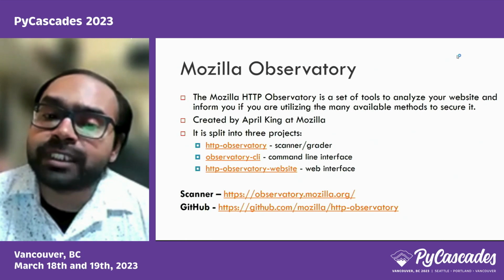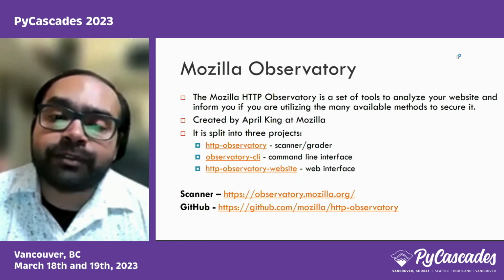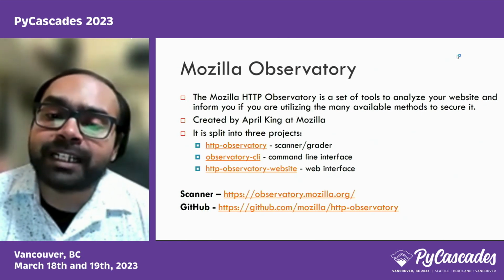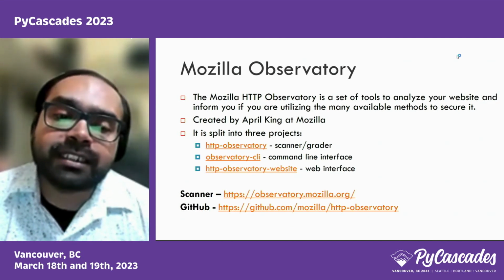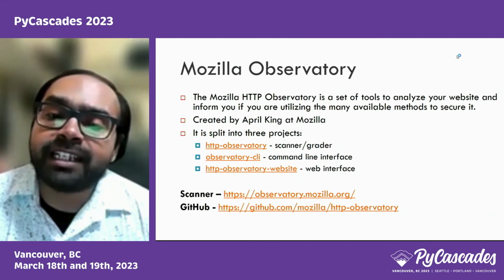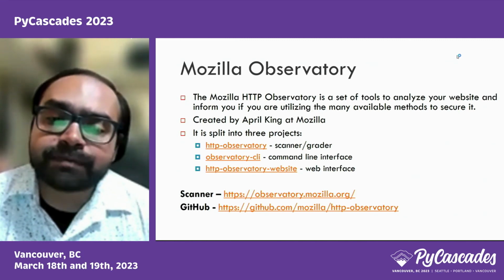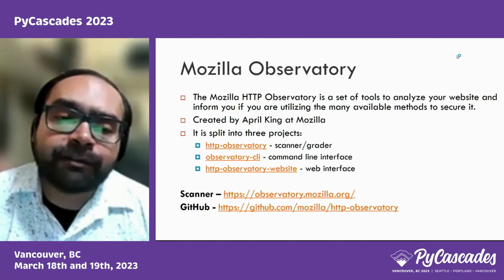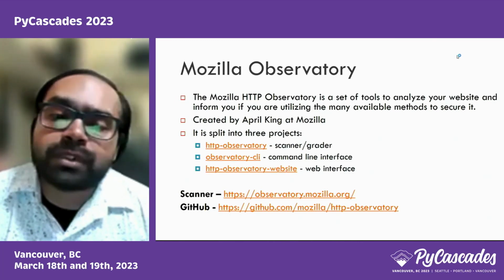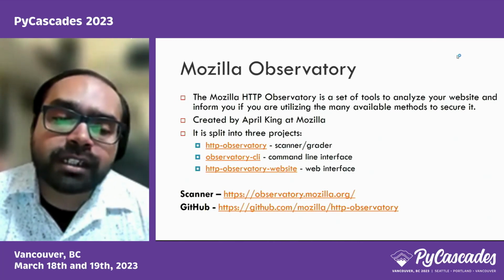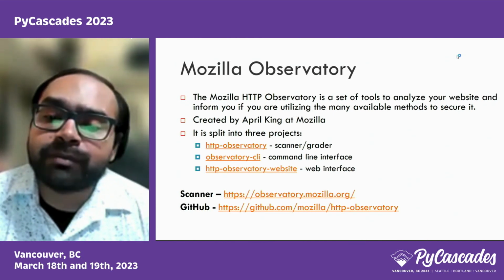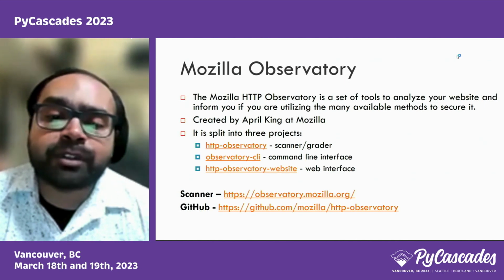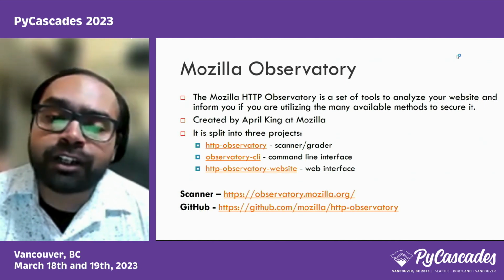Basically, we are going to use this user interface where we specify the URL of the website and click on scan to identify the problems. The second one is the Observatory CLI, the command line interface. And the third one is the HTTP Observatory website. Since it's open source, the source code is available on GitHub. You can download the HTTP Observatory source code and install it locally on your machine.